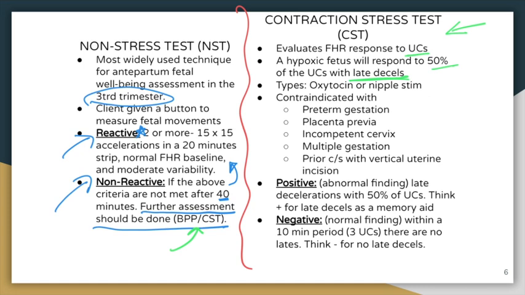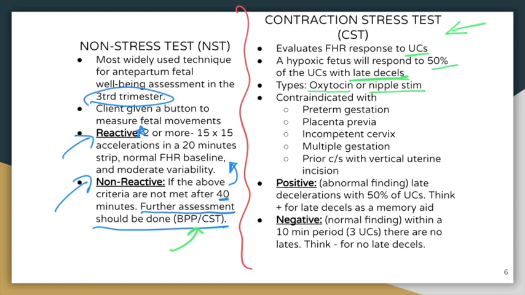They're not supposed to contract early in the 3rd trimester, so we have to make the contractions happen so that we can evaluate how the baby does in response to them. We make the contractions happen by starting an IV of oxytocin or by using nipple stimulation on the client.